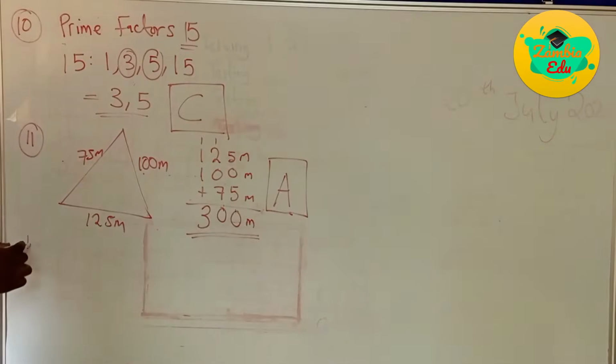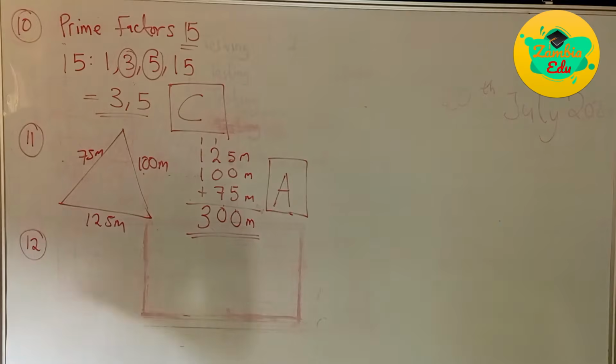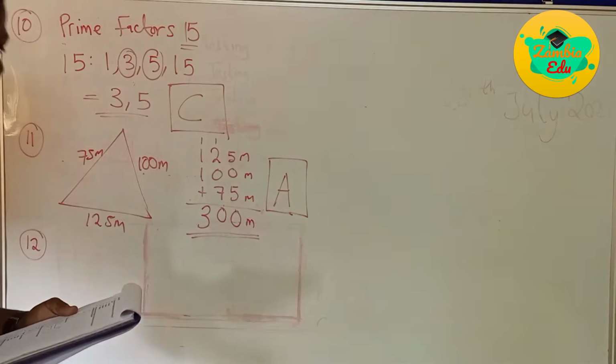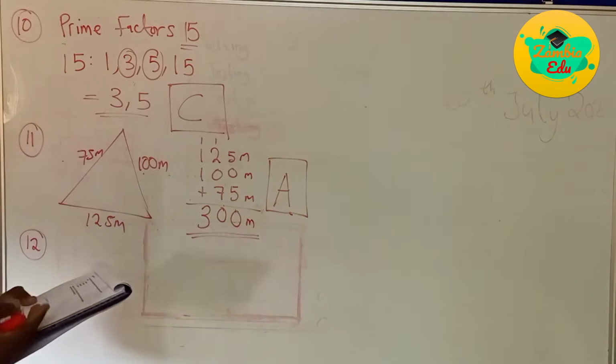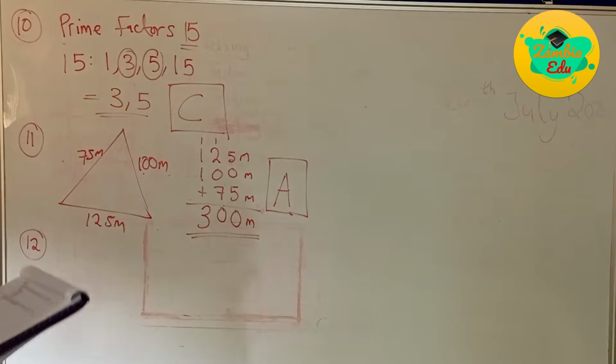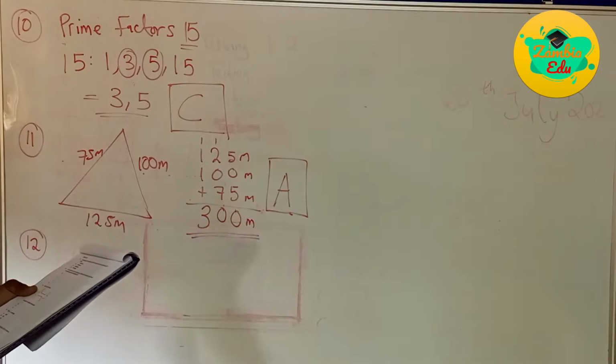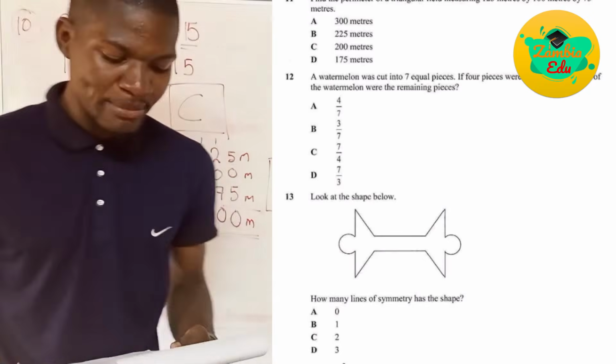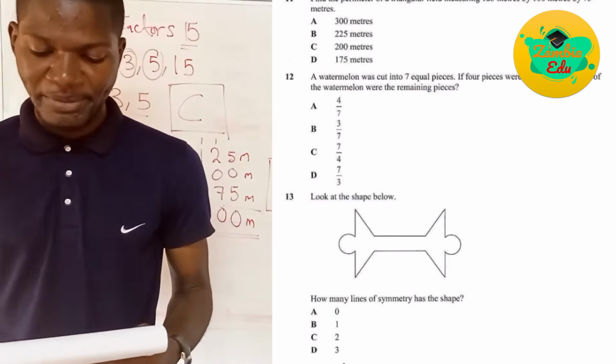Alright, so we quickly rush to question number 12 so that we can finish as soon as possible. Question number 12 reads, a watermelon was cut into 7 equal pieces.